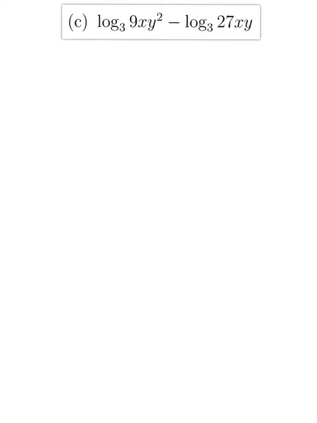Okay, so this is similar to A, where we have two logs subtracted. We notice they have the same base. The base is 3. So when we combine these, our log will have a base of 3. And then one of the logs is being subtracted, so we're going to have a fraction.